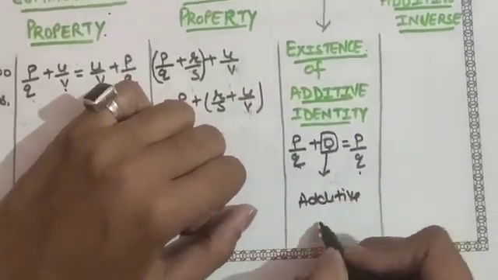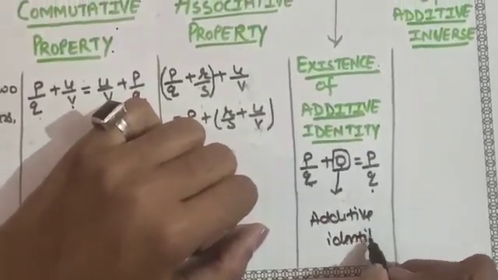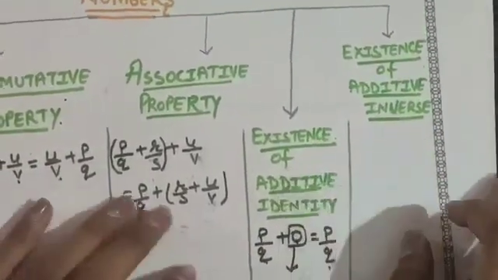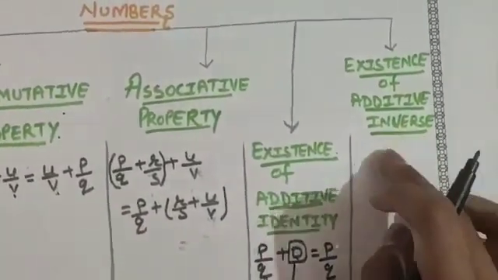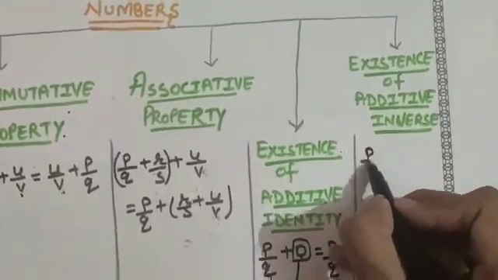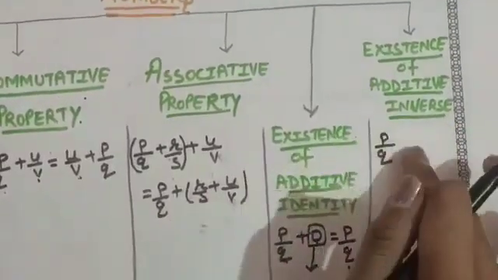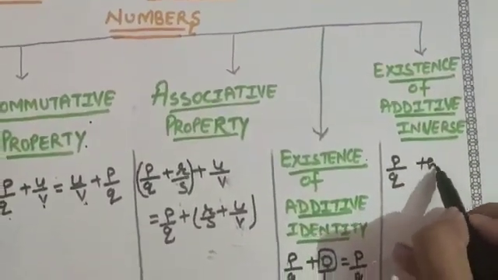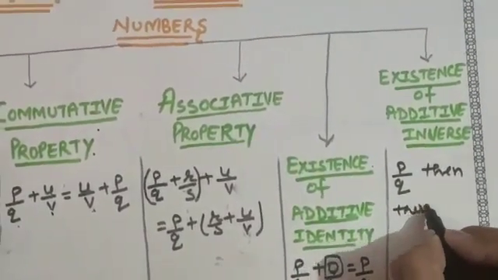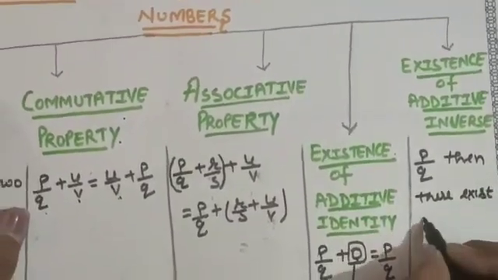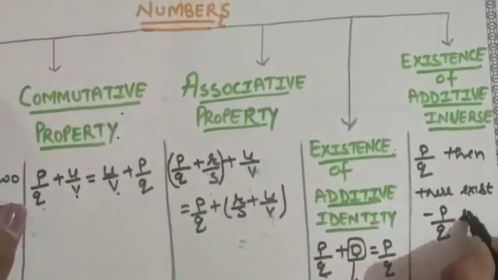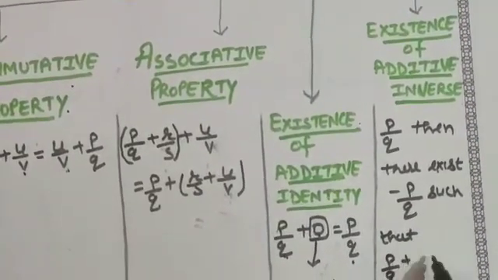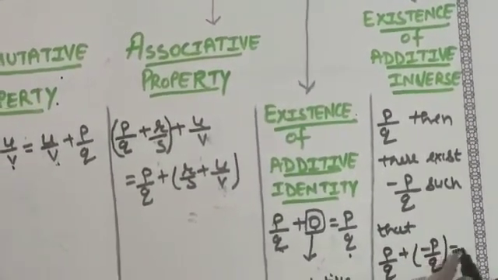Okay, now we will come to the fifth property, which is existence of additive inverse. So what does that property say? This property says that if p by q is a rational number, then there exists a rational number minus p by q such that p by q plus minus p by q is equal to 0.